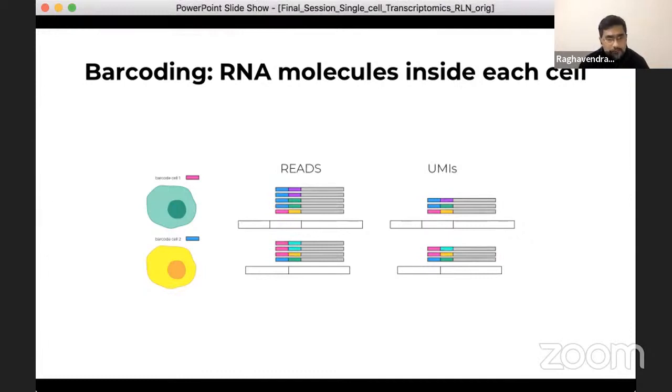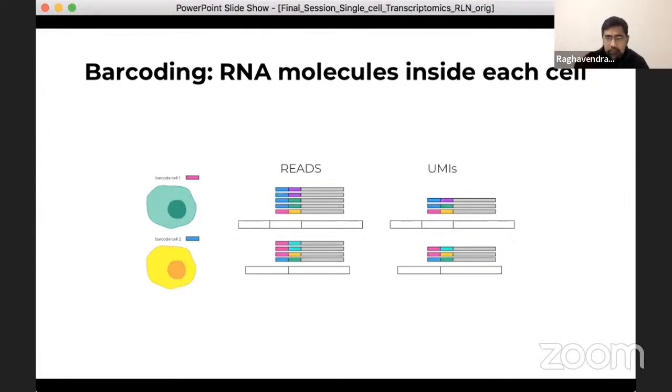That identifies the source of those mRNA molecules from that particular cell. Then we have the unique molecular identifier, which allows each mRNA prior to PCR amplification to have a separate barcode. These two components help in distinguishing mRNA molecules from specific cells, and also help in identifying biases that are introduced during PCR amplification.